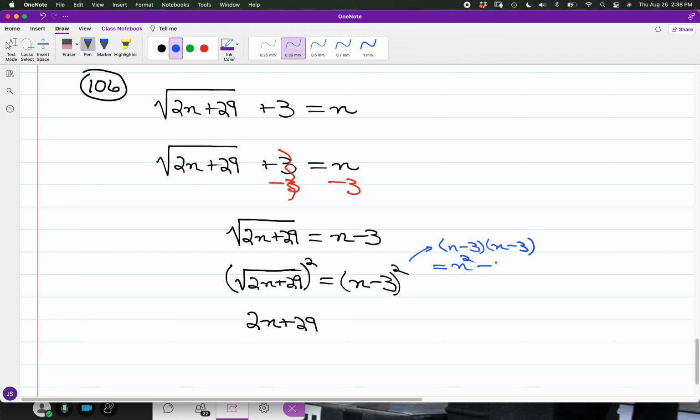So we have n squared minus 3n. Inside we have also minus 3n. Last product is going to be a plus 9. So we have n squared minus 6n plus 9.